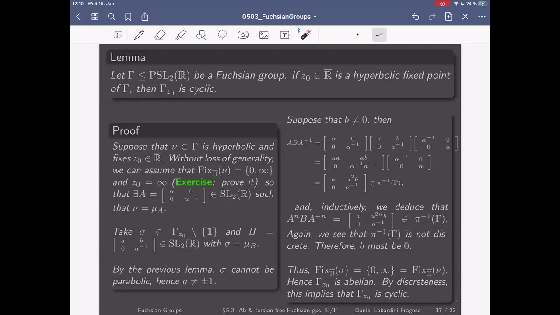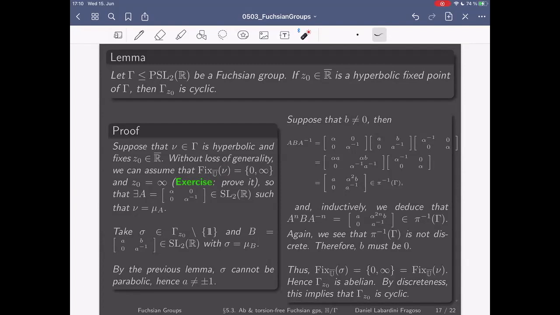So we have a hyperbolic fixed point, then by definition we have an element which is hyperbolic in gamma, which fixes that point. So now nu is a hyperbolic element, and we can assume again without loss of generality that the fixed points of nu are 0 and infinity.